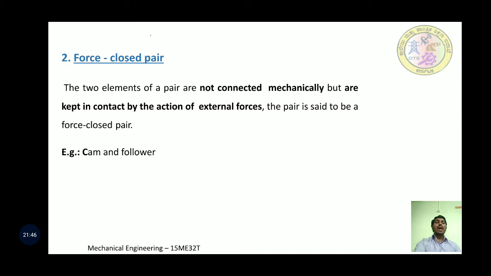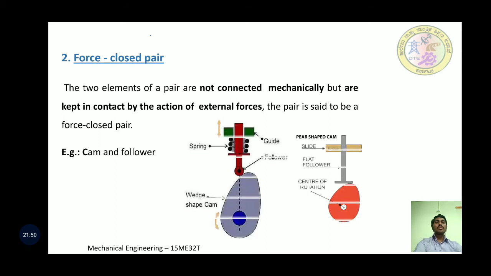Example, cam and follower. Figure shows a cam which is rotating. It's a flat follower, and there is a guide. So this is a follower which reciprocates to and fro.